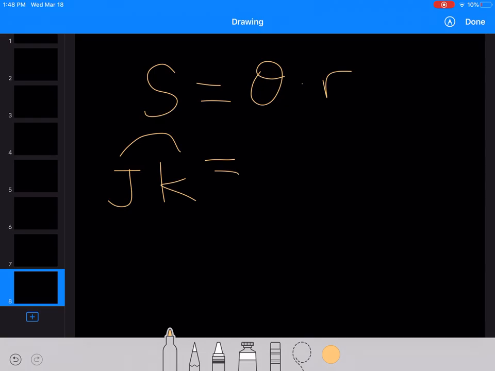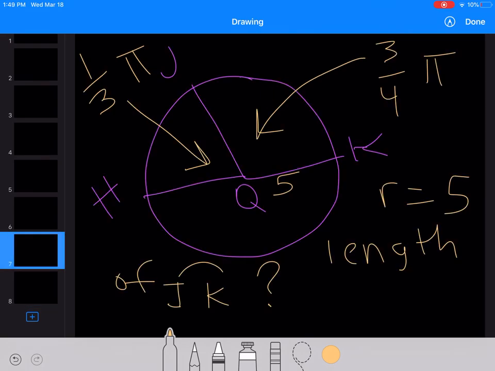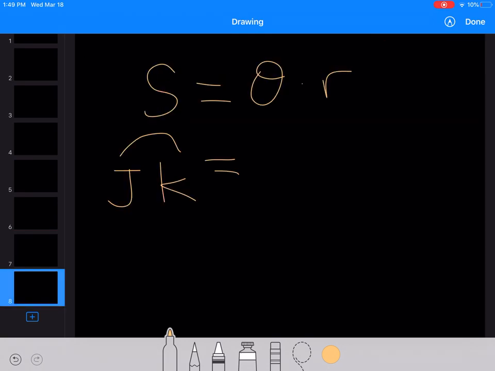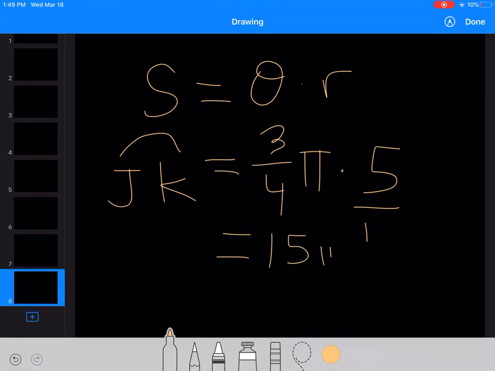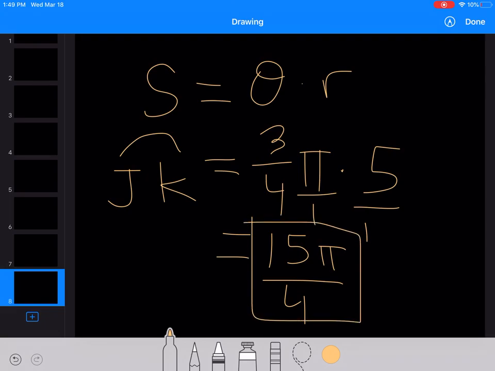Theta of JK, from our diagram, is 3/4 pi, and r is 5. So here we can just multiply the fractions. 3 times pi times 5 is 15 pi over 4. I guess we can make them all fractions. 4 times 1 is 4. So that arc length is 15 pi over 4.